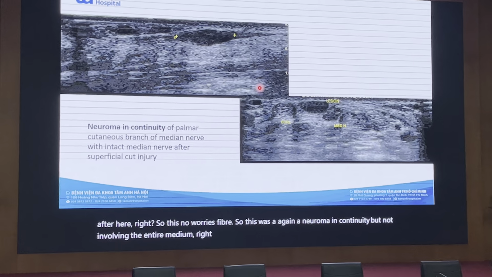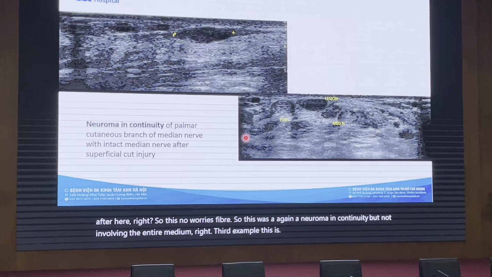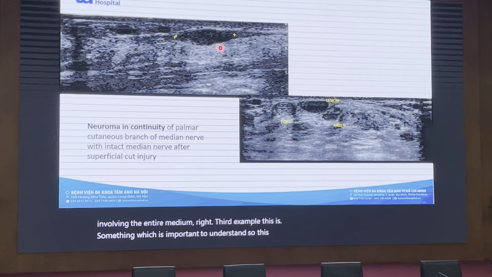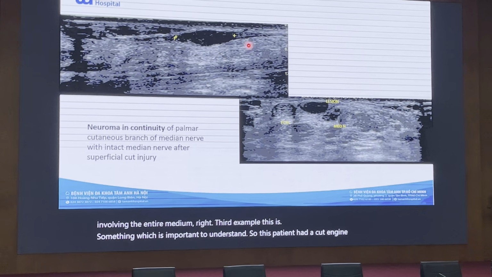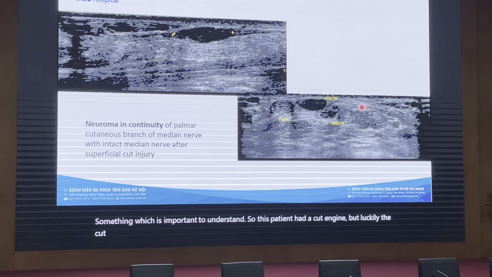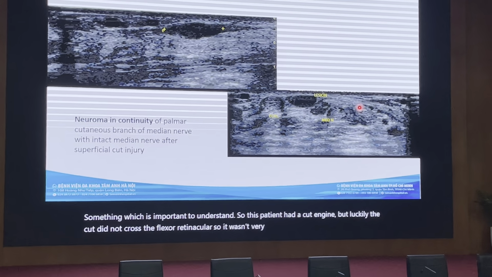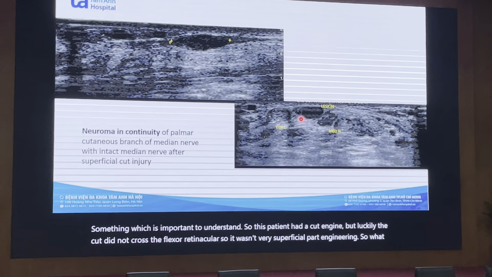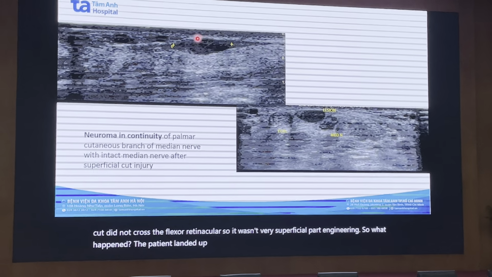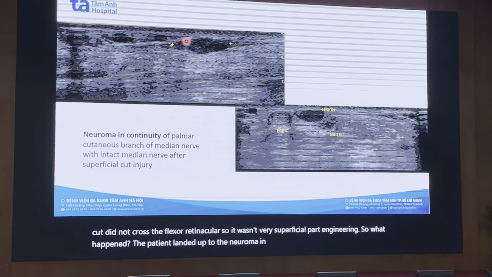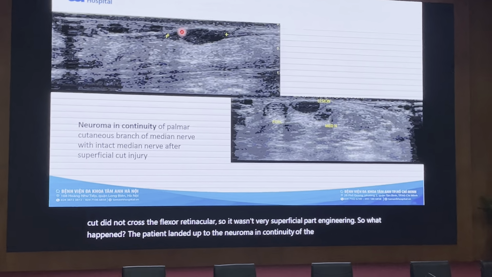Third example, this is something which is important to understand. So this patient had a cut injury, but luckily the cut did not cross the flexor retinaculum. So it was a very superficial cut injury. So what happened? The patient landed up with a neuroma in continuity of the palmar cutaneous branch of the median nerve.